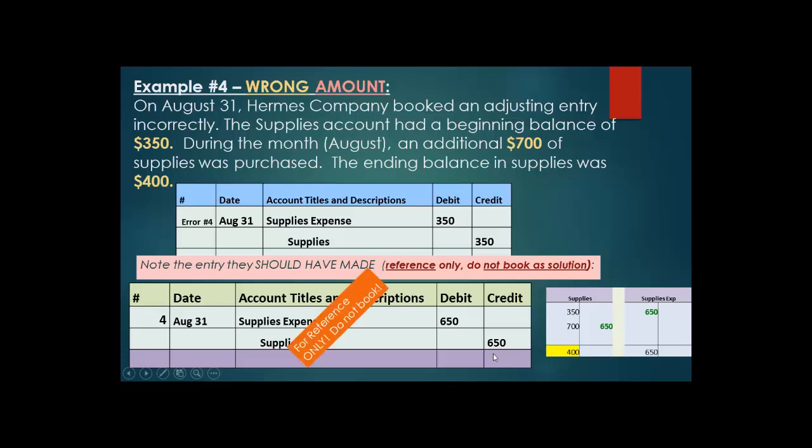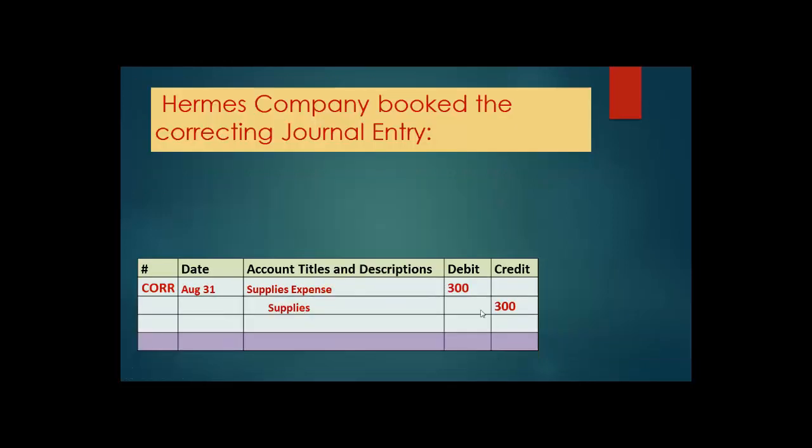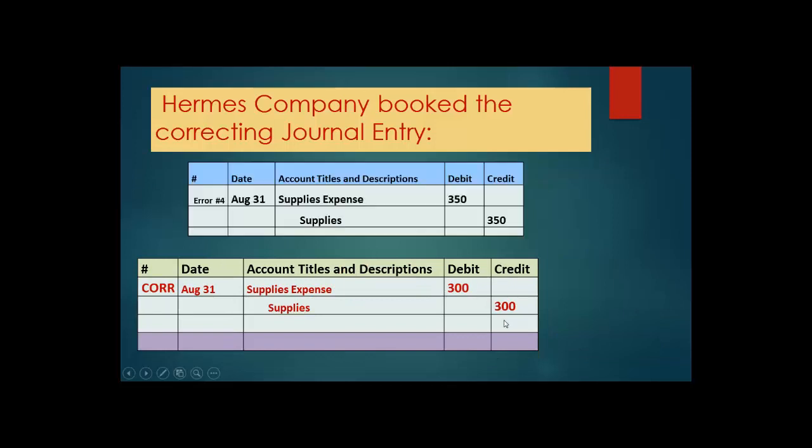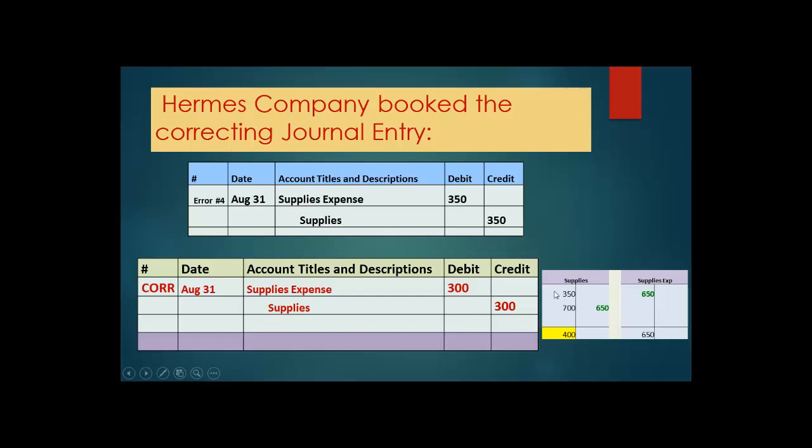So our correcting journal entry is to add another $300 to the supplies account. And again, the combination of these two will serve as eventually $350 plus $300 will debit supplies expense for $650 and credit supplies for $650.